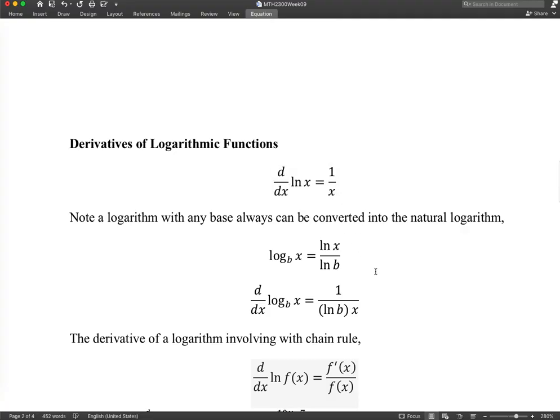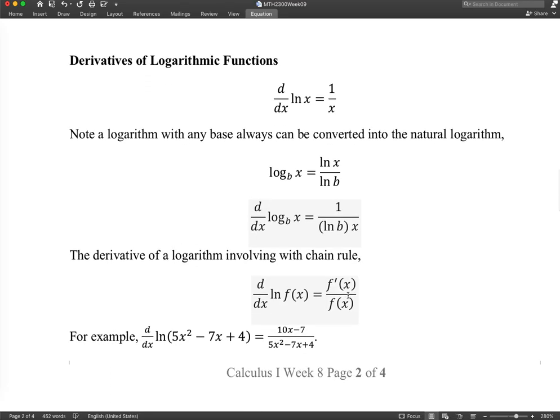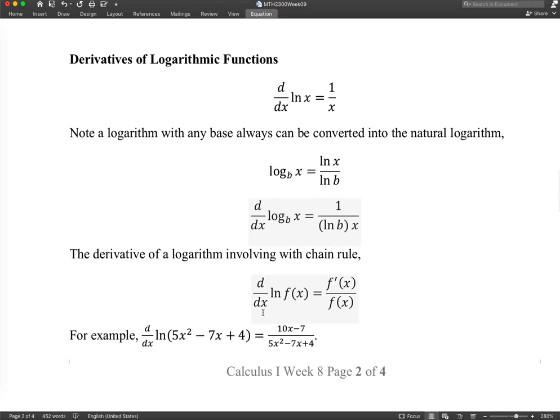And also, I hope you know the derivative of a logarithm with base other than e. It would be 1 over ln b times x, the entire thing in the denominator. And more importantly, you may want to know the general derivative rule for the logarithm function. The derivative of ln of f is f prime over f.